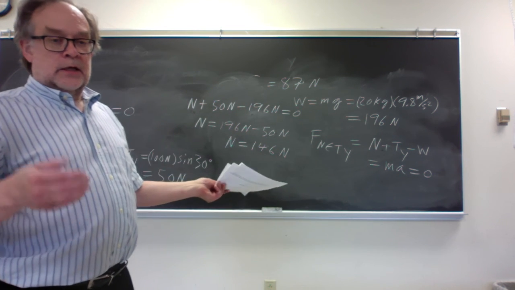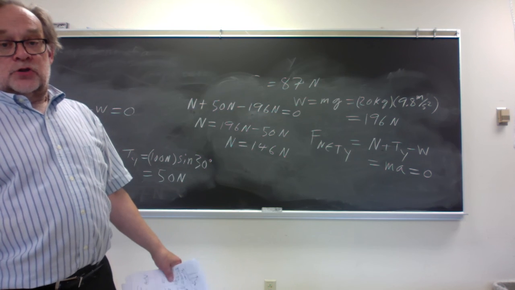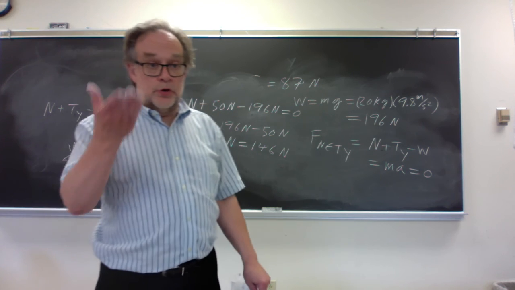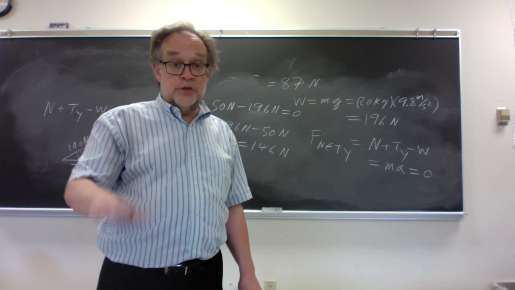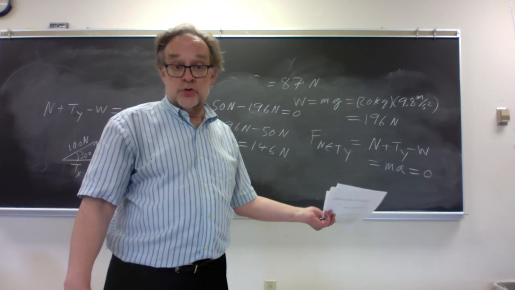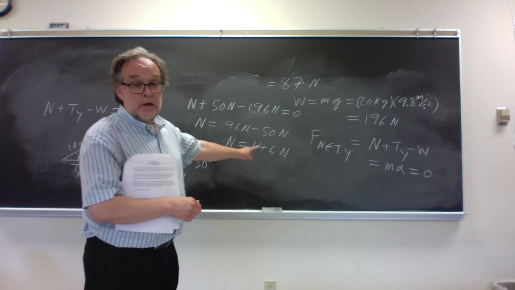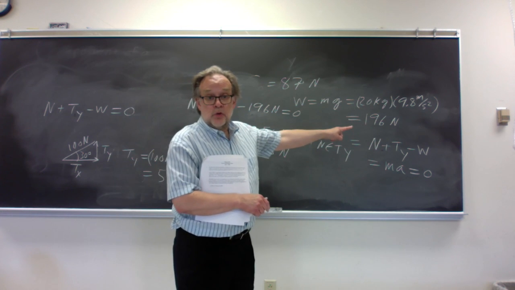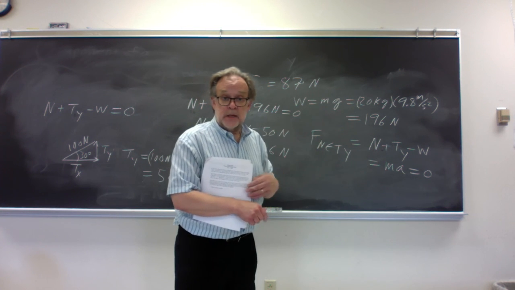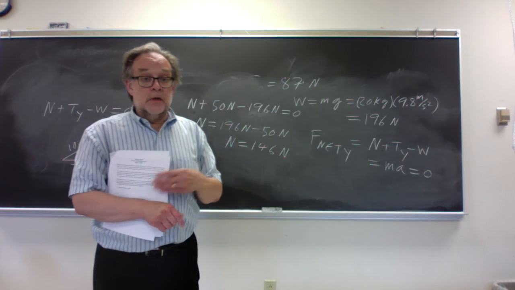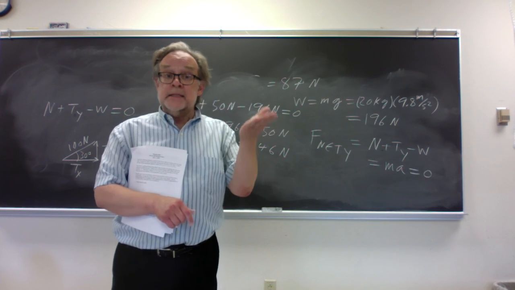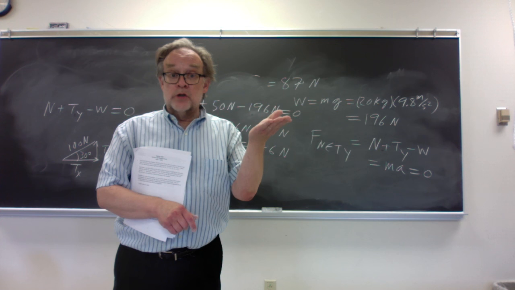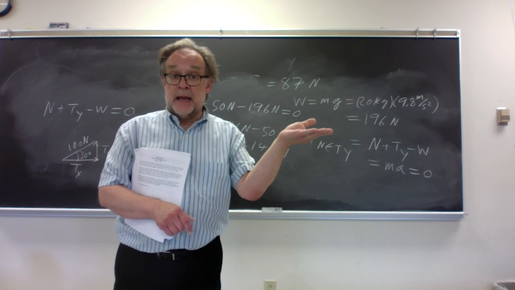Now notice that in a lot of cases it'll turn out that the upward normal force is exactly equal to the downward weight force, but that's not true in this case. In this case, the upward normal force is less than the weight. That's because the upward normal force isn't the only upward force that's trying to cancel out the weight.